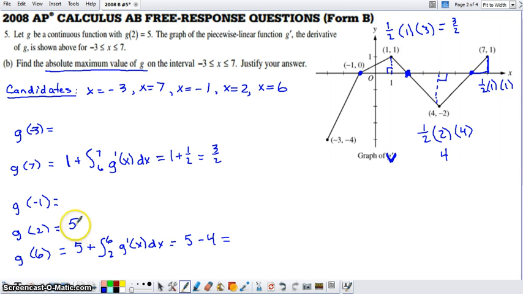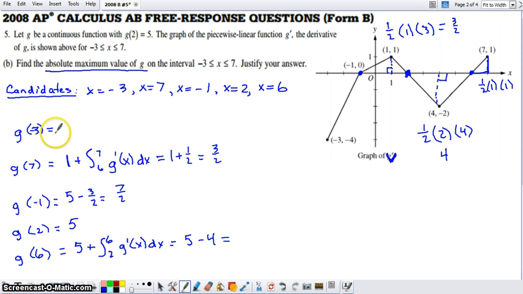So if this is the function value at 2, and this is how much it's gone up by on the interval from -1 to 2, all we need to do to find the function value at -1 is take what we know the function value to be at 2 and then subtract off how much we just determined it increased from this x to this x. So that's going to end up being, let's see, 10/2 minus 3/2. It's going to end up being 7/2. So this is still, as of right now, our absolute max.